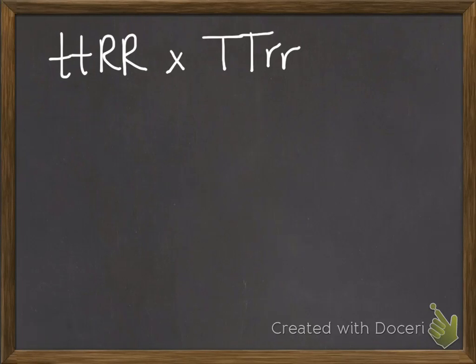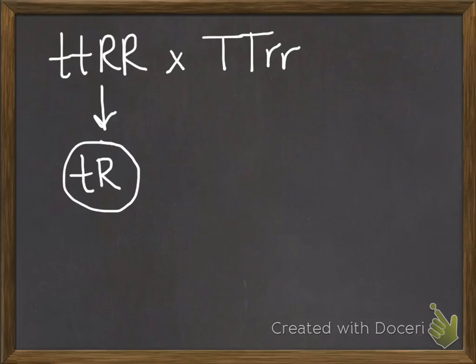The second way to figure out the answer for this problem is to look at the cross and figure out what kind of gamete each parent will produce. So for this plant, it will make a gamete that has a little t and a big R. That's the only type of gamete that it can make. The other plant will make a gamete that will be big T, little r.